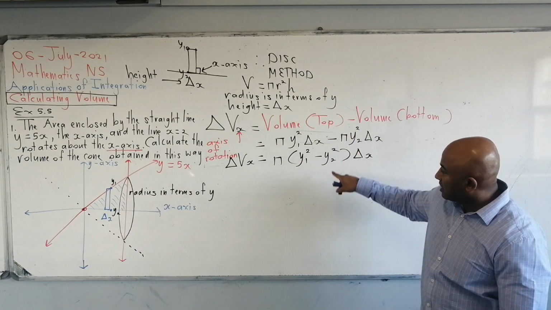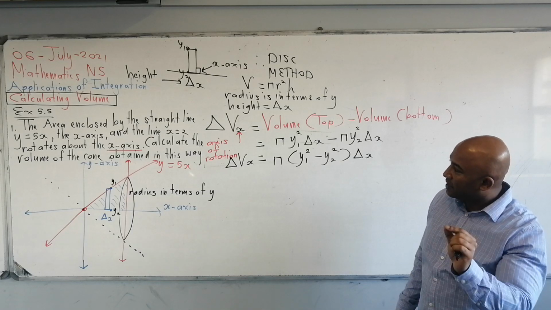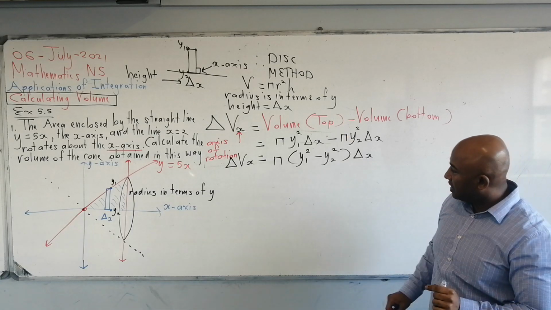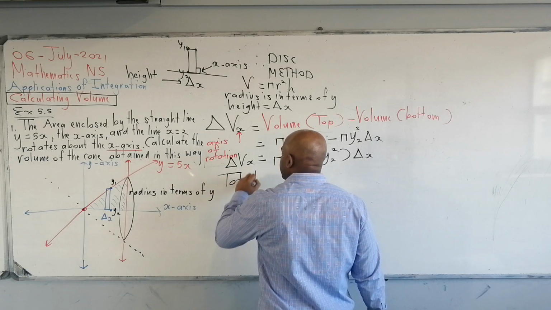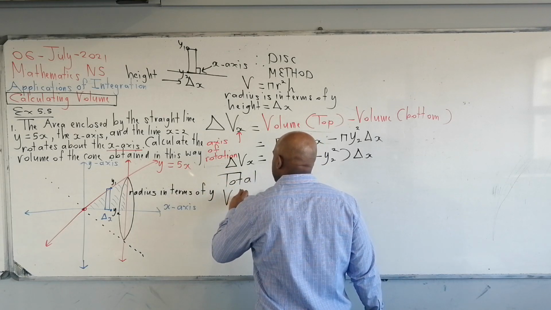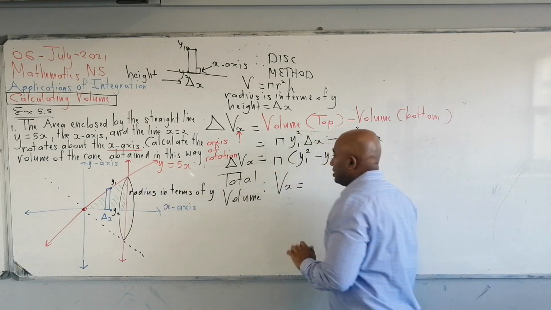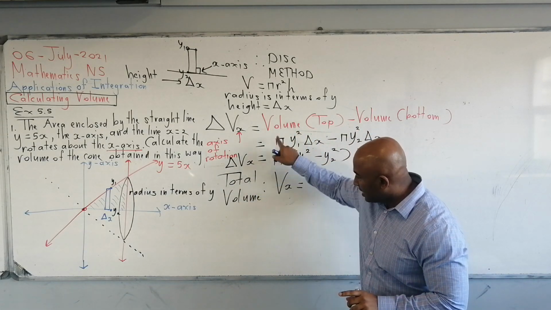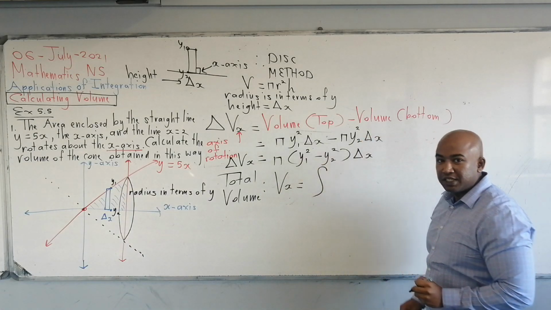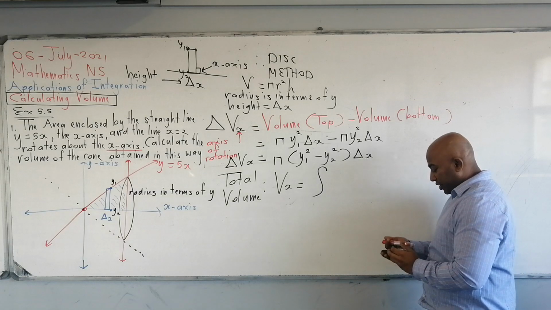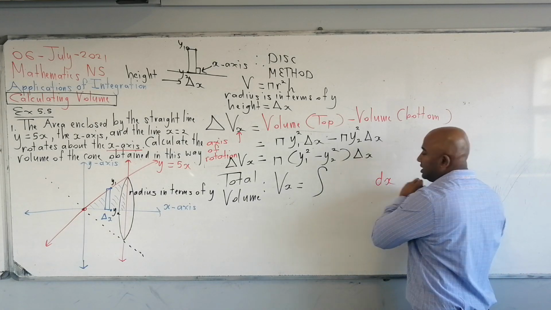So now this is the formula for the volume of just one representative rectangle rotating. Now we write down the total volume formula. I do not write delta there, I'm just writing V for volume, and then I put in my integration sign. As soon as I do that, delta x becomes dx.